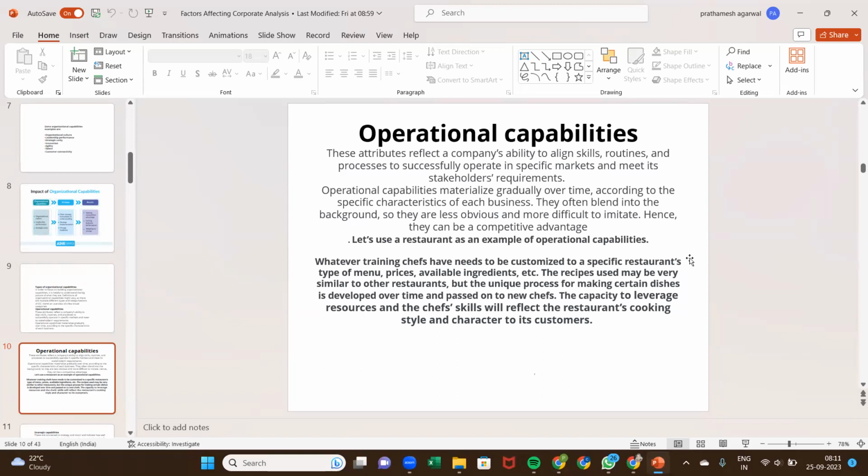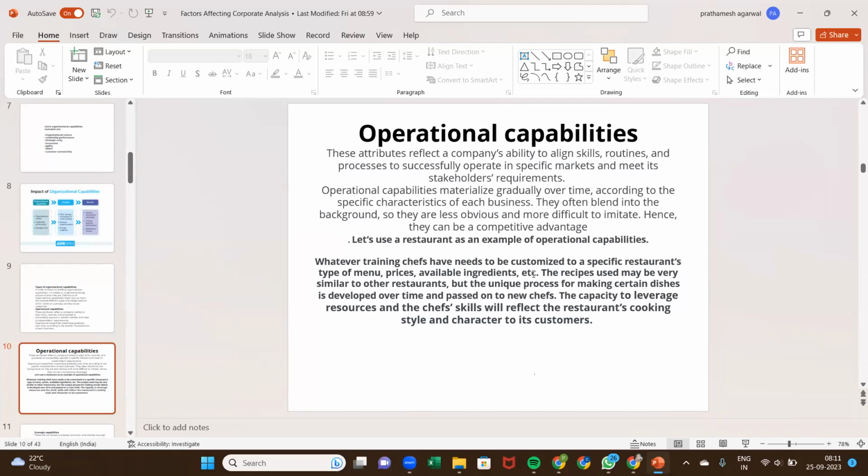That means he can make pasta, pizza, risotto, all these types of Italian cuisine. So what will he put on the menu card of that restaurant? He will put only Italian cuisine. He cannot put pav bhaji because he does not know how to make pav bhaji. His skill sets are meant to make Italian cuisine.